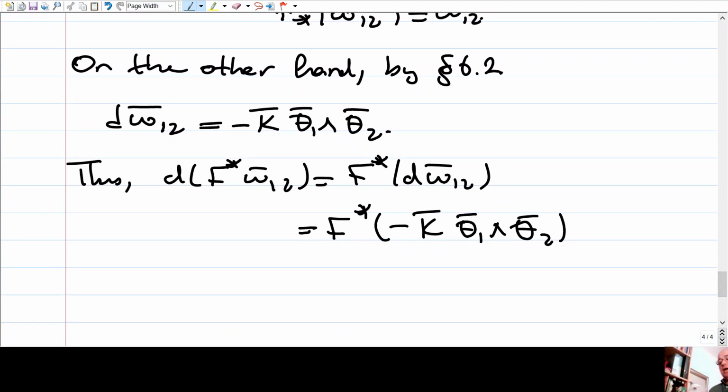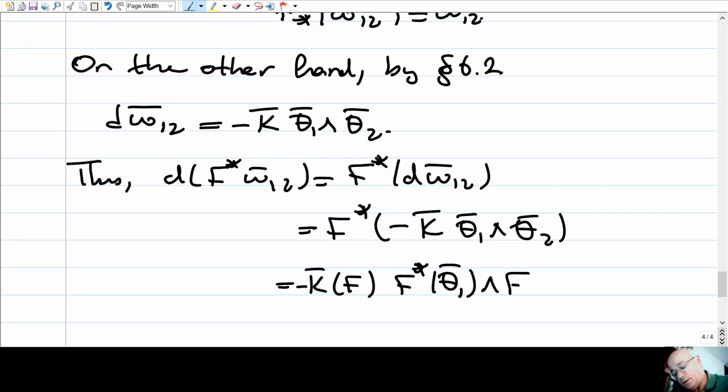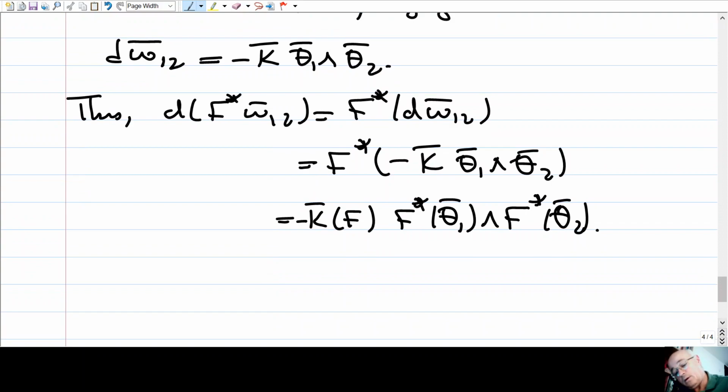Here I have a 2-form and a coefficient function in front of it. Its pullback is given by the composition, so this is just minus K bar of F, and then F star of theta 1 bar and F star of theta 2 bar. So this is minus K bar of F, but we know that this is theta 1 and this is theta 2.